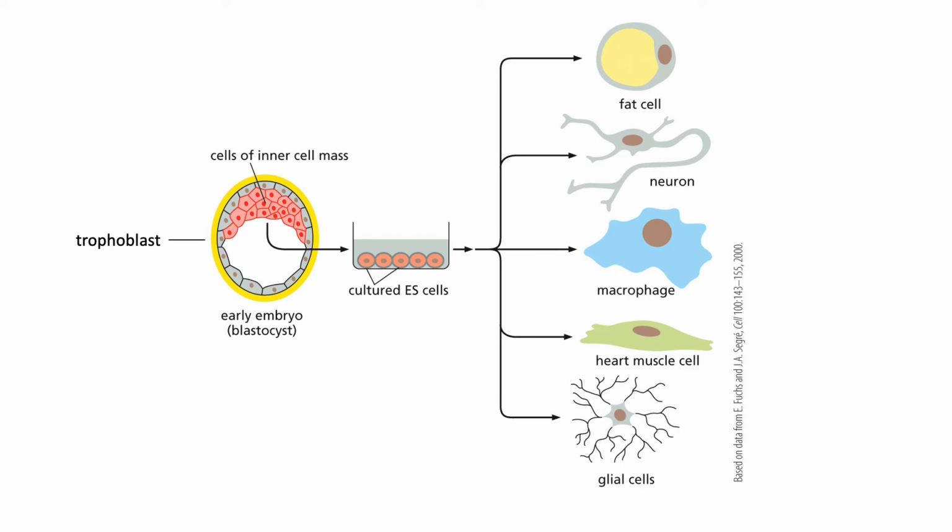People are trying to study what are the signals that would allow these embryonic stem cells, let's say, to develop into heart muscle cells or neural cells. And we hear about that because it can be used potentially as treatments for, let's say, spinal cord damage. If you damage spinal cord, those cells are not replaced. But if you can introduce embryonic stem cells that would differentiate into a neuron, then you may be able to repair that damage.